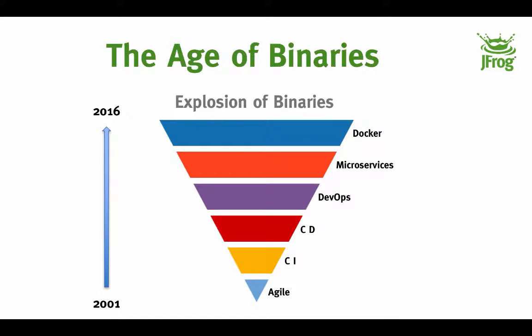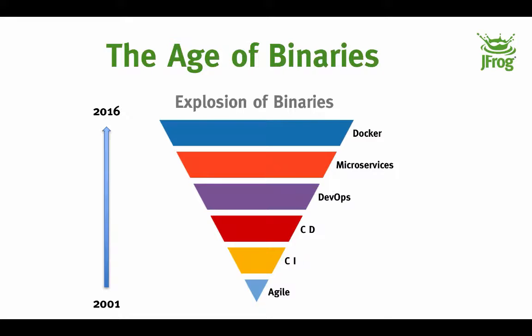And then the era of CI/CD came in, and the explosion started to happen in this era. And you can see right from the diagram that as compared to the agile era, the number of binaries was getting doubled or quadrupled. And then suddenly DevOps came into the picture, and now you have the binaries for the entire environment, and that needs to be stored in the repository manager.